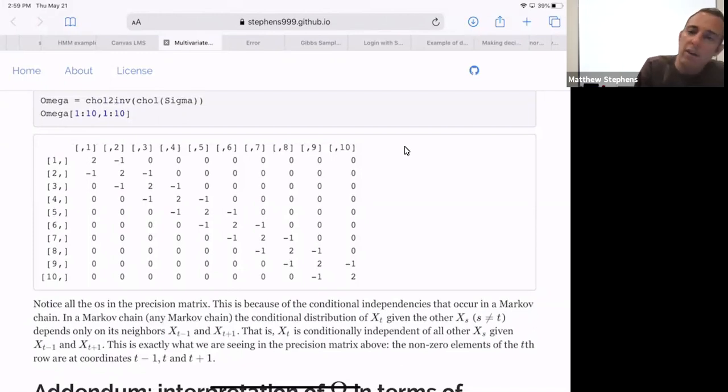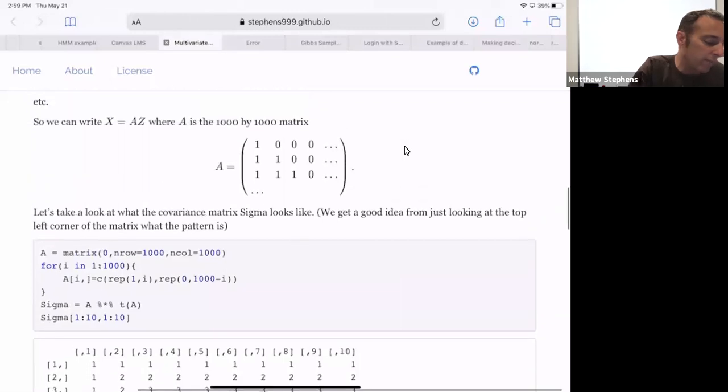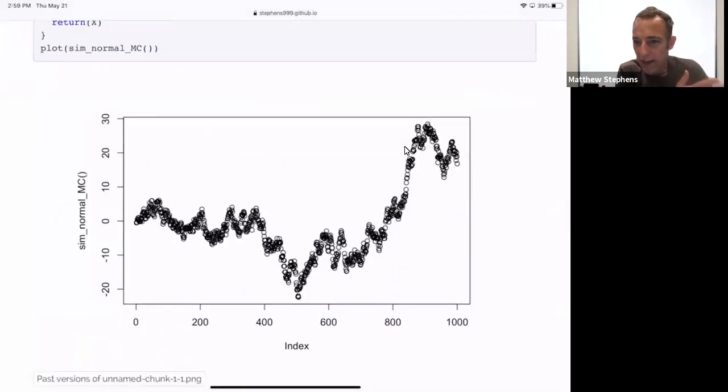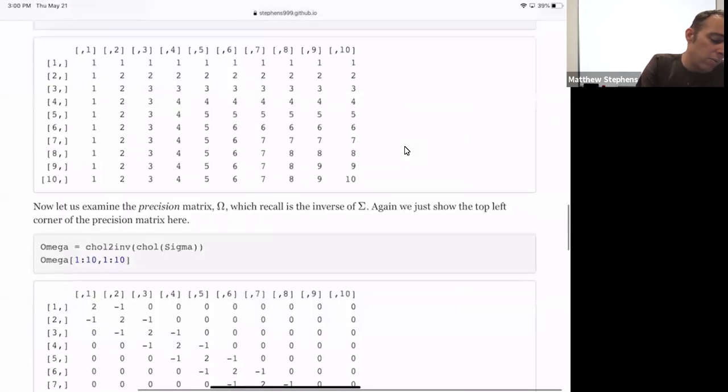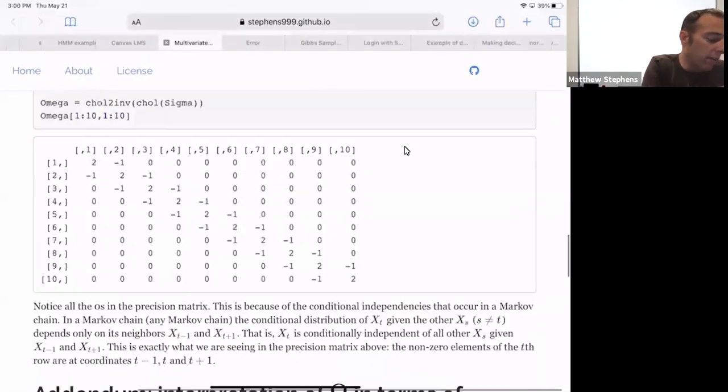And the second row of omega would similarly give you the regression coefficients if you regressed x2 on everything else. Think of it this way. If I gave you all the x's except the second one, and you wanted to predict x2, that is, its conditional mean given everything else, the answer would be given by the elements of the precision matrix.